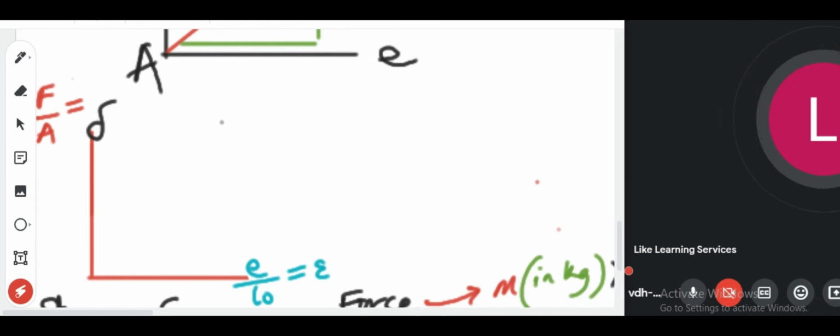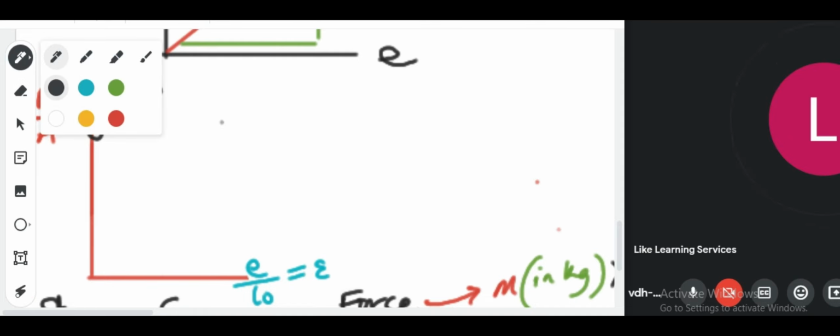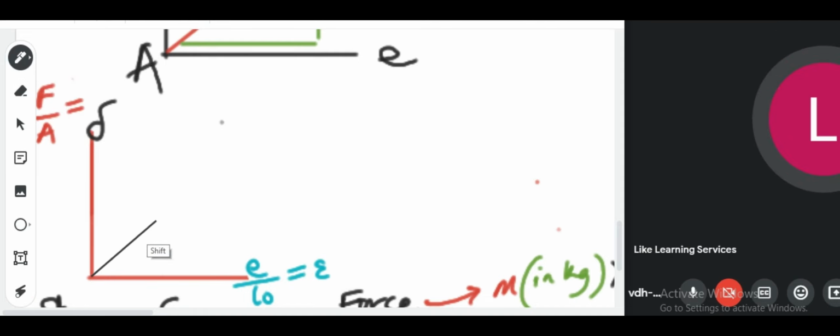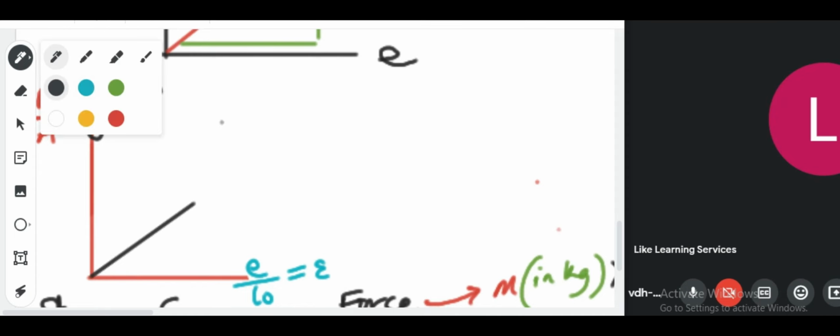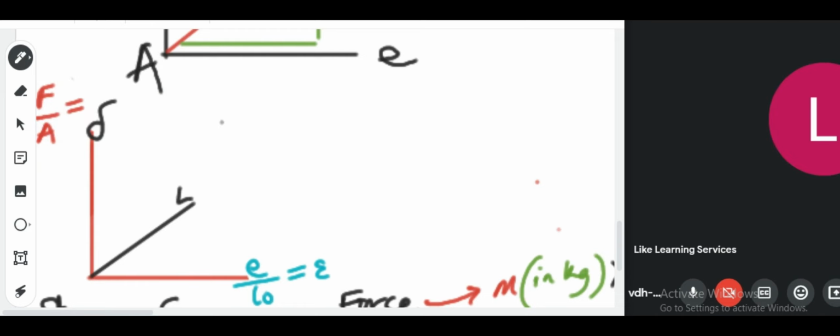So a graph of force over cross-sectional area against extension over original length is a graph of stress against strain, and it will also produce a straight line that passes through the origin for the part where Hooke's law is obeyed, until the elastic limit E.